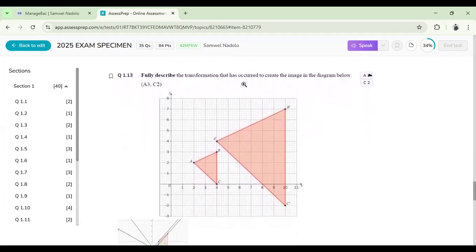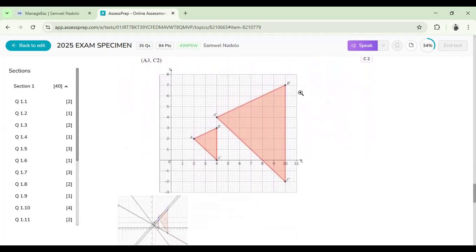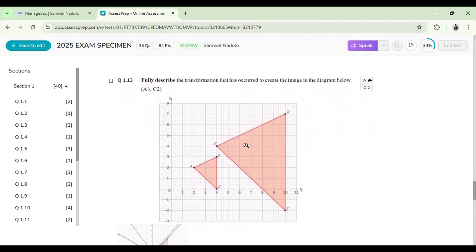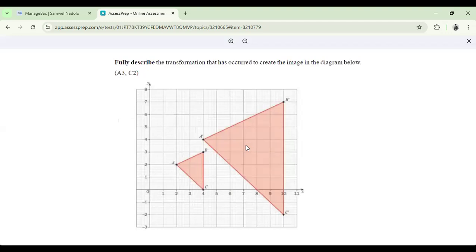So fully describe the transformation that has occurred to create the image in the diagram. If you're not seeing it well, you can just click and see how the image is. All objects will be given in the form of letters A, B, C, and their images will be given in the form of the letter with an apostrophe on top.